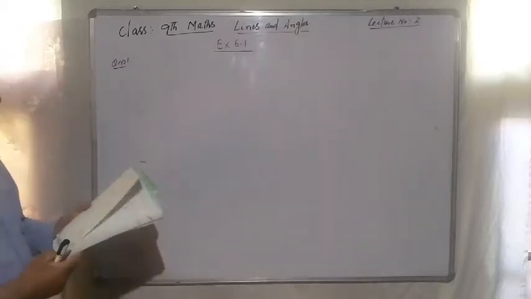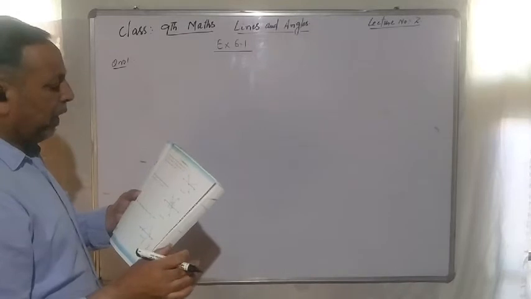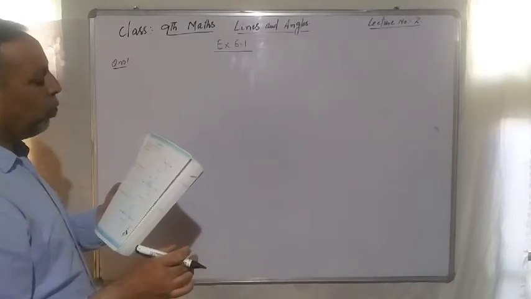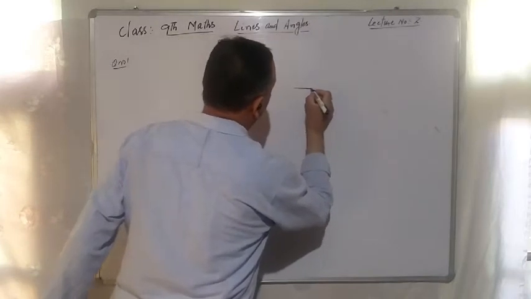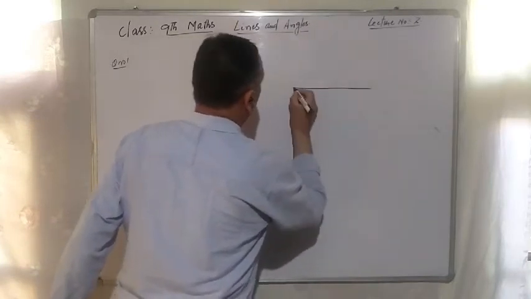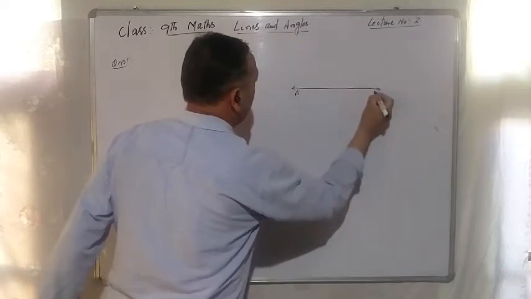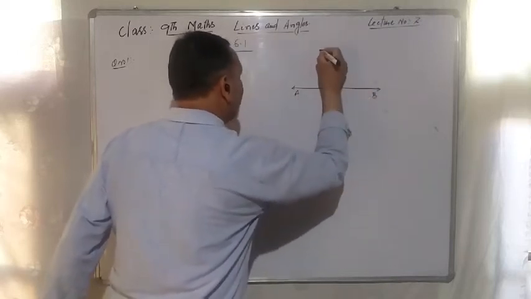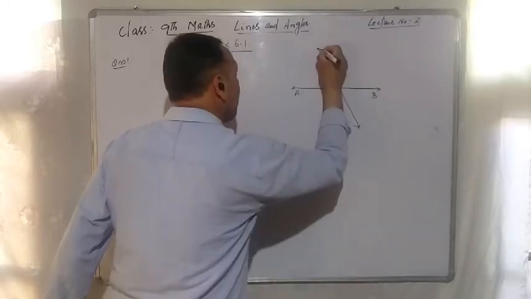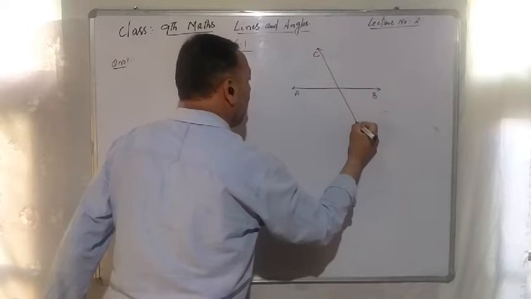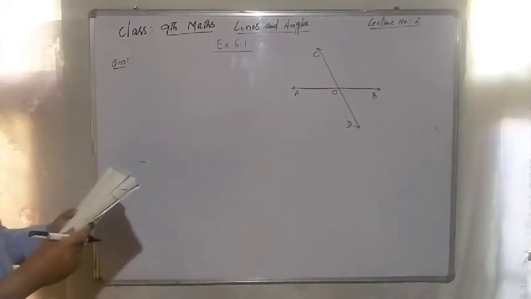First question. Figure is given. Lines AB and CD intersect at O. Here a figure has been given like this. Lines AB and CD intersect each other at O.